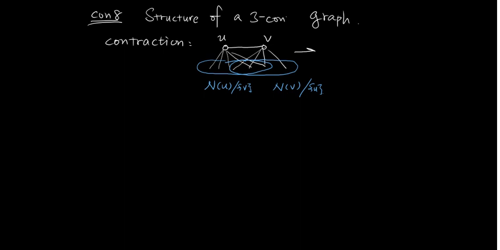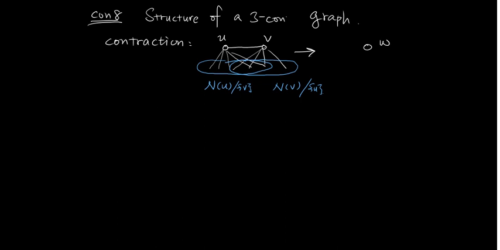The contraction is saying that now we try to make the two vertices together, and we call that W, whatever you want to call it, okay? Two vertices become one vertex, and it preserves all the possible neighbors.